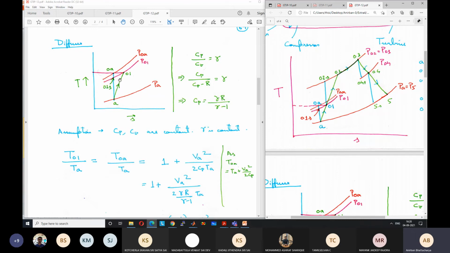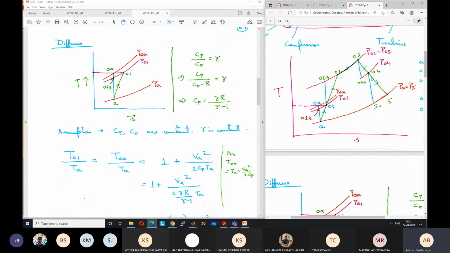Okay. So by using the kinetic energy to increase the pressure, what is the advantage? We can decrease the number of stages of the compressor. We can decrease the compression ratio in the compressor, because some of the compression occurs in the diffuser itself. As a result, compressor work input can be reduced, so turbine work output can be reduced.